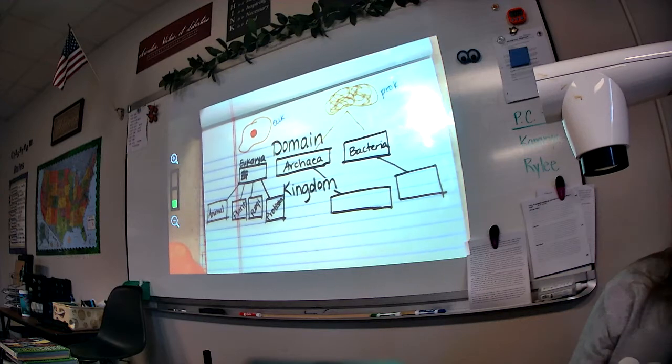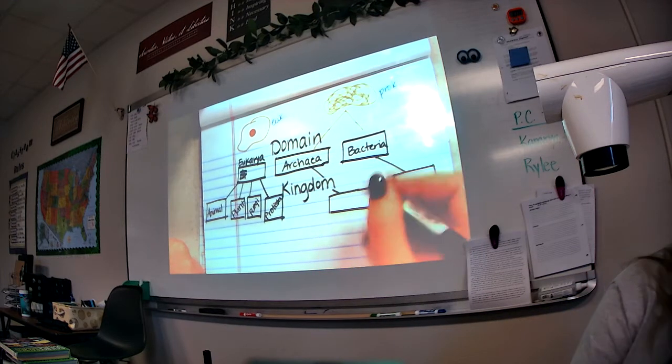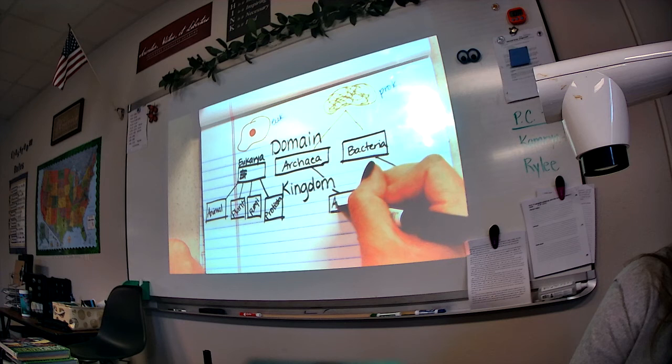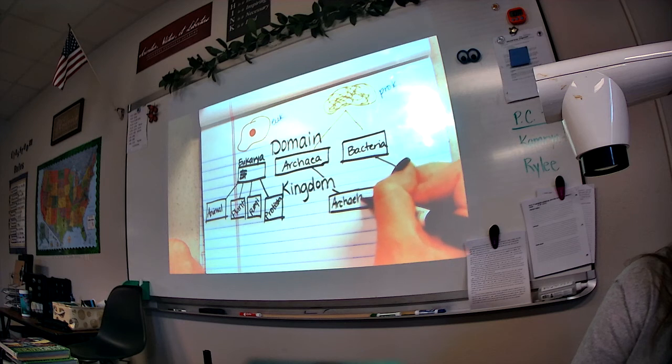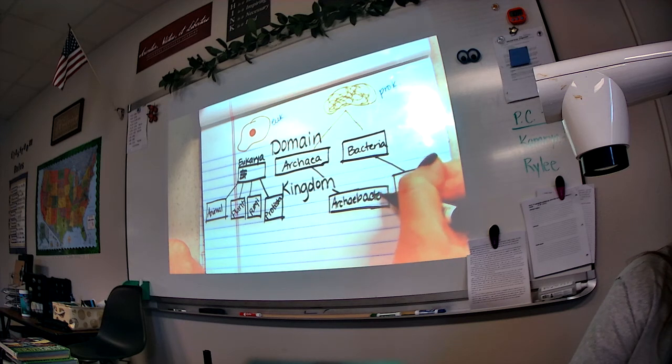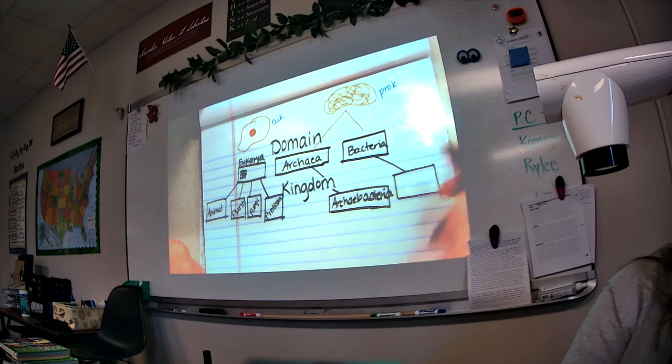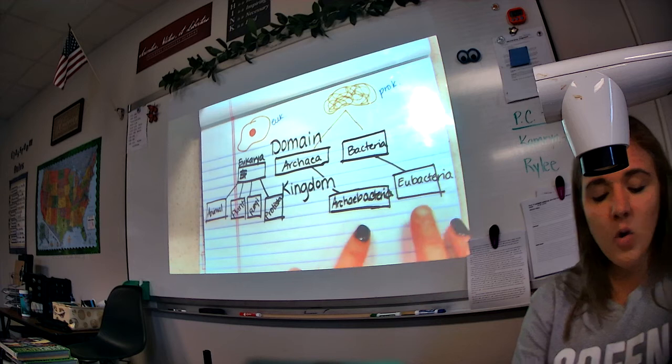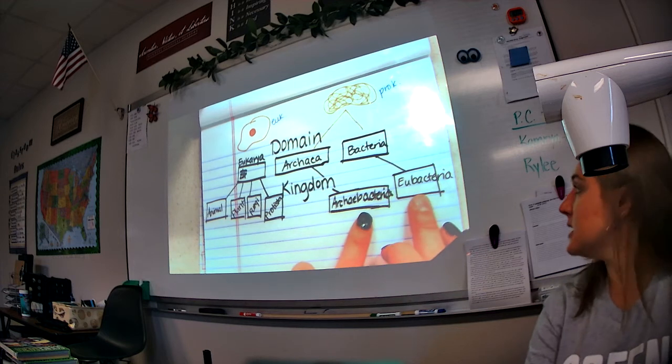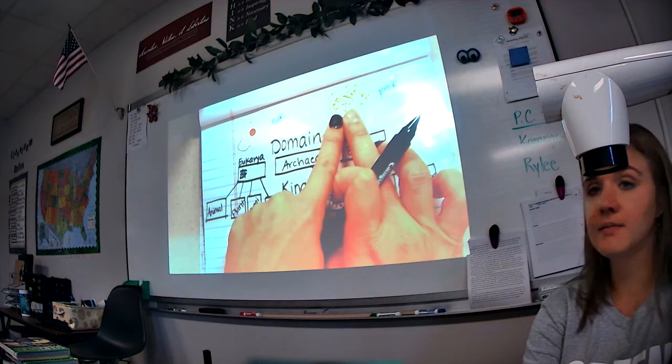The kingdom for domain Archaea is Archaea Bacteria. It's easy to remember because the first part is exactly like the domain name. And then Bacteria's kingdom is Eubacteria. Every organism in both of these kingdoms is made of cells that look like this.